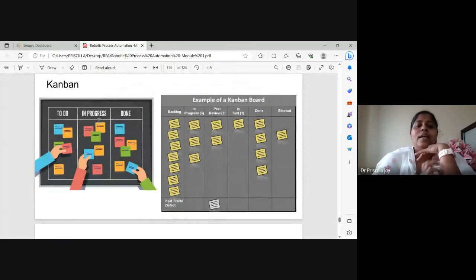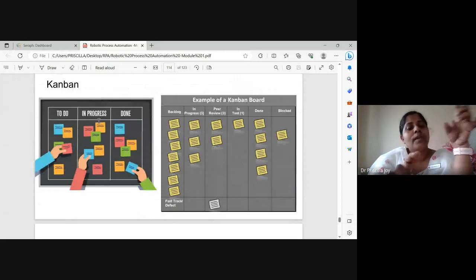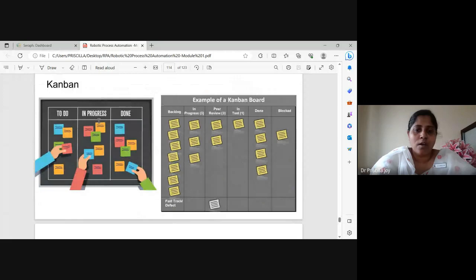And the next is Kanban, in the case of which we'll be taking into account how the normal notepad which we might be using for having notes, that is, what is to be done within what deadline, all such things we'll be taking into account.